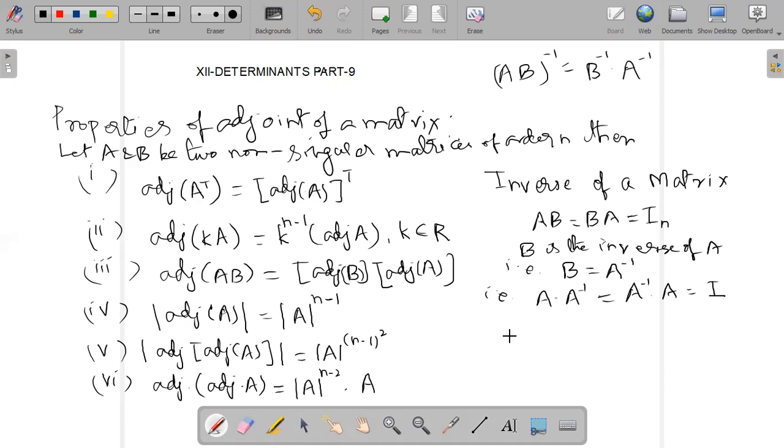And second theorem, we can prove that theorem also. So I'll take the theorem here.